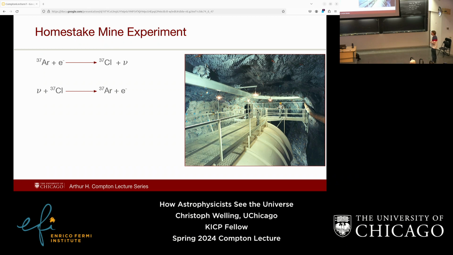So they did this, and they only observed about 2/3 of the neutrinos that they expected based on the nuclear reactions that are going on in the sun. At the time, this was in the 50s, so it was like late 50s, early 60s, and the sun was not understood that well, and the neutrino also was kind of a new particle, so you could kind of explain it with maybe we don't understand the sun well enough, maybe neutrinos act a bit differently than we thought they do.